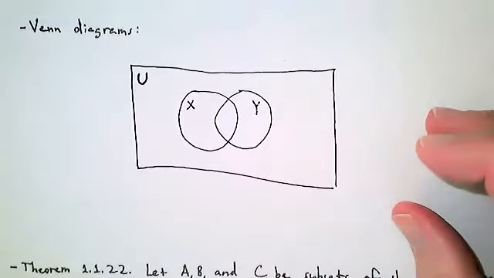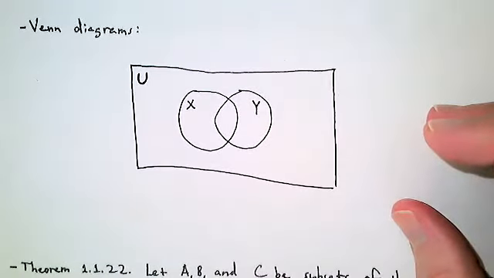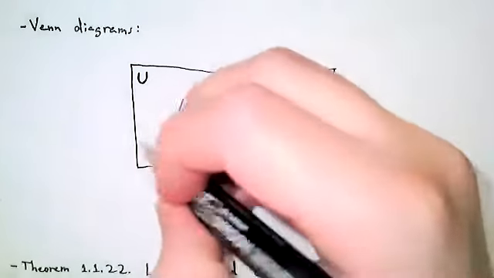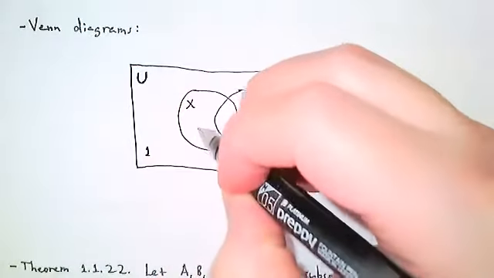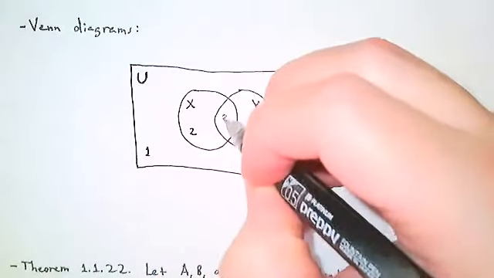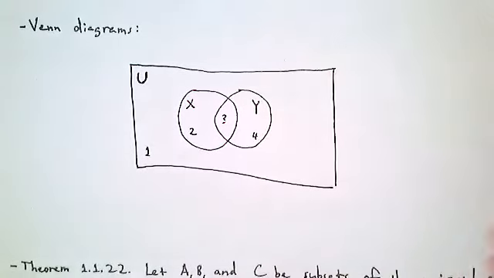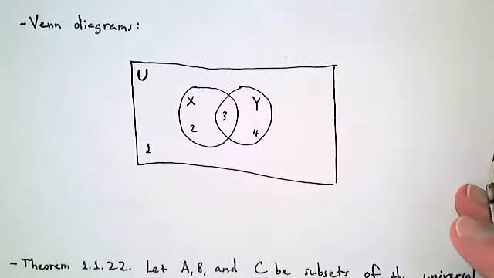Let's label them X and Y. Okay, so far, I think everything here on the Venn diagram should be very familiar.